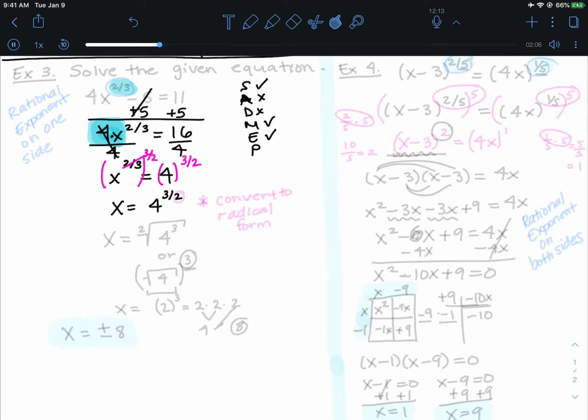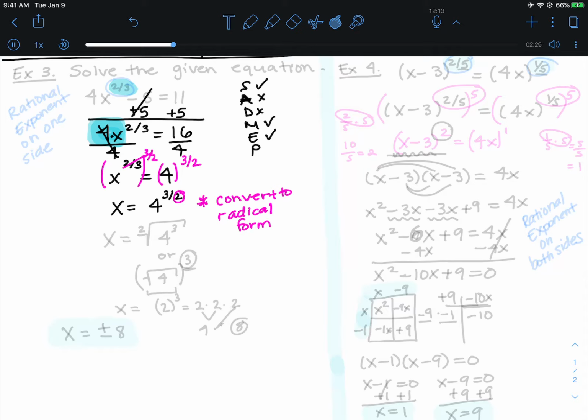Now, what I'm going to do here is convert it to radical form, because I'm not really going to be able to evaluate 4 to the power of 3/2. So I'm going to convert this to radical form, where the denominator is the index.